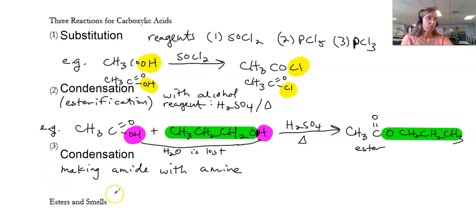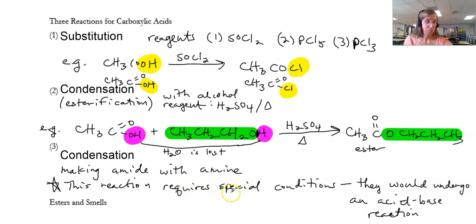So you might be thinking, what else can the carboxylic acid do in a condensation reaction? It's possible to make an amide by joining with an amine, or ammonia as well. However, I'm not going to give you an example of this because it is very difficult to actually do this reaction.